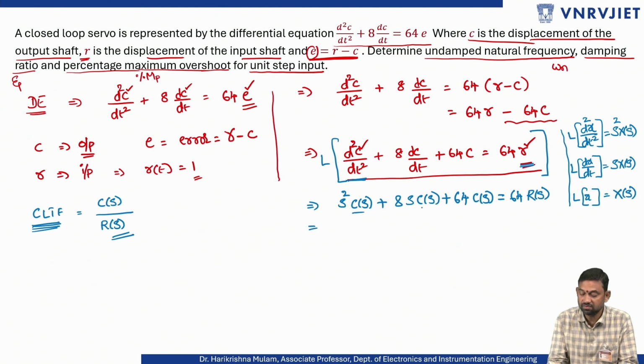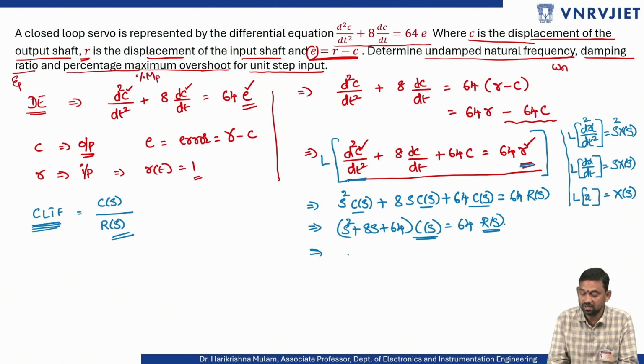Therefore, if you take C of s common on the left hand side, the remaining terms are s square plus 8s plus 64, into C of s, equal to 64 R of s.